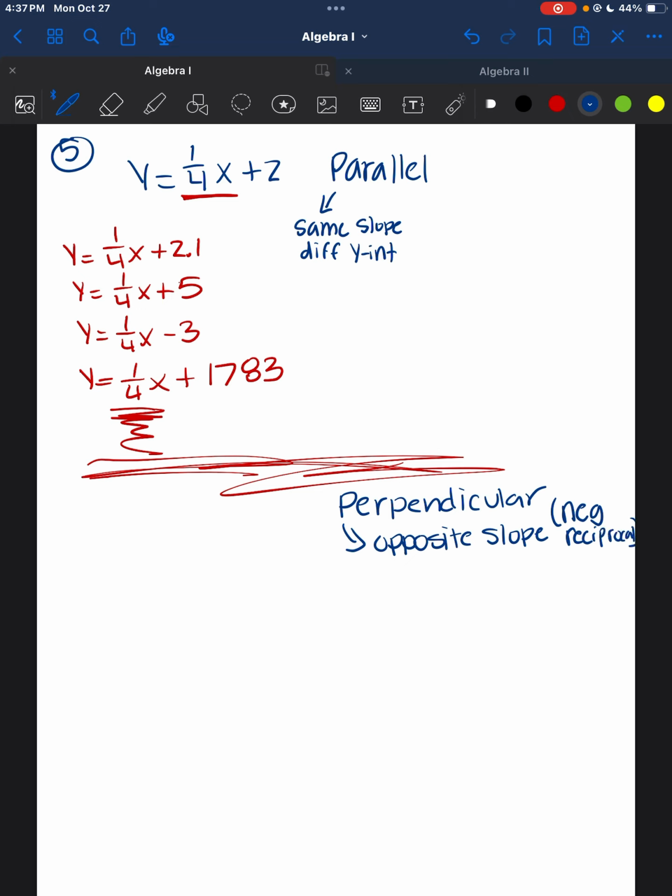You can put anything in the world that you want for this y-intercept. This y-intercept is useless. And on the test, you're going to see big numbers. It's useless. That's the point we want to get to, that this y-intercept, when we're talking about parallel and perpendicular lines, has no purpose.